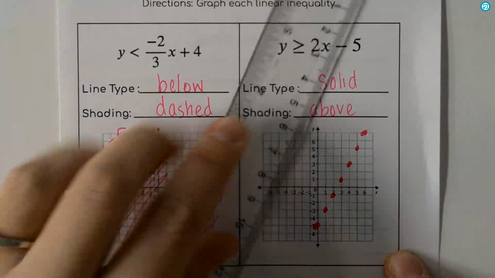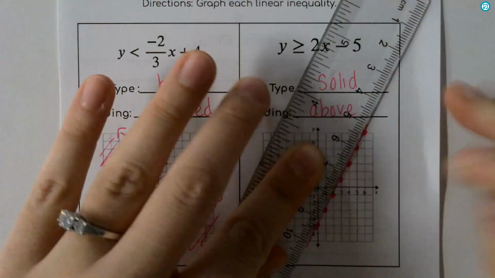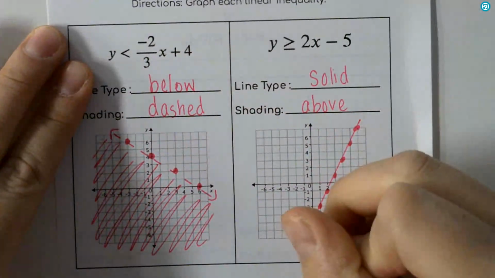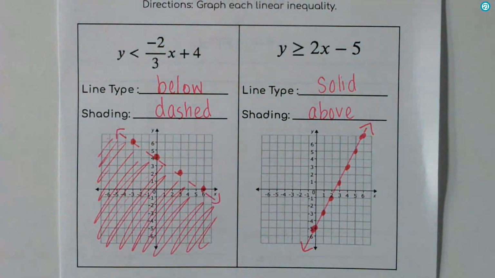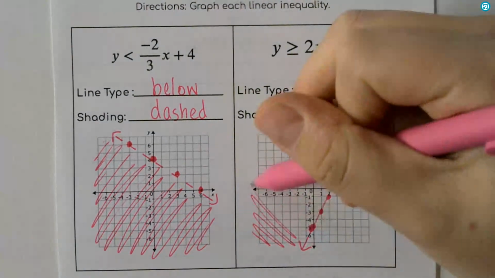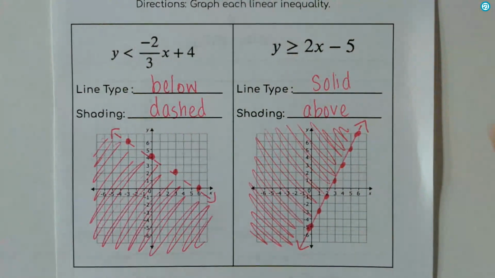Then this one I get to connect into a solid line, so I'm going to do that all the way across. Which side is above? The top left, yeah. So this is above in this one. You've got to look and think, no matter how slopey it is.